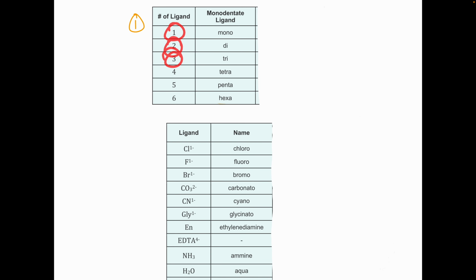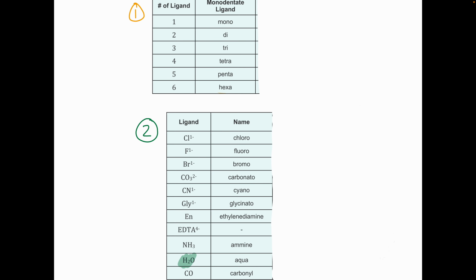Given the number of ligands, we have these prefixes that we use to refer to the number of ligands. And then the second part of the name was the name of that ligand. If we look, H2O here, our ligand name is aqua. So that's that second portion of our name.